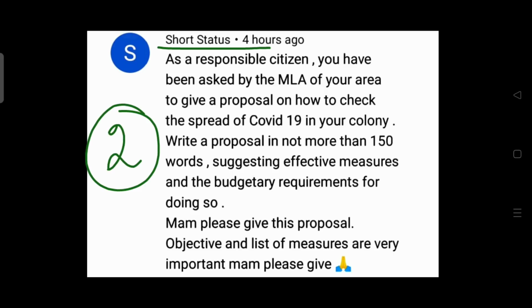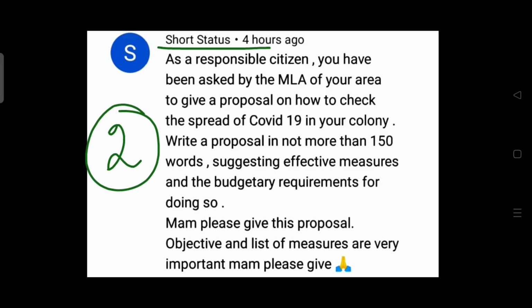Now read the question carefully. How to check the spread of COVID-19 in your colony? The first key point. Next, suggest effective measures. And the third point, budgetary requirements for doing so. Every proposal must be written according to the question.